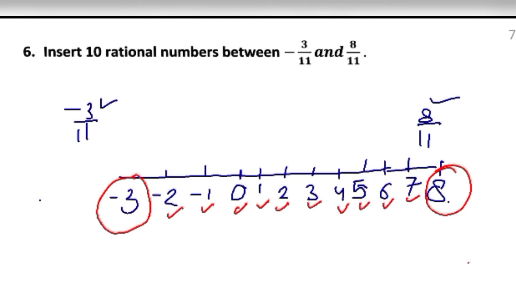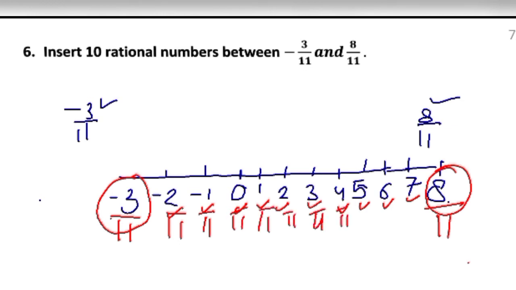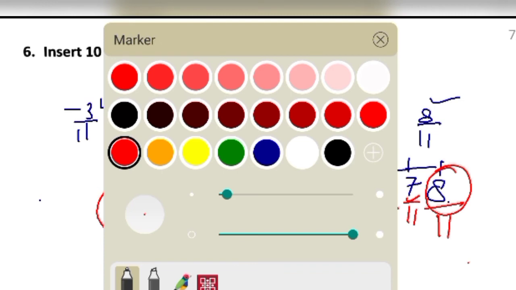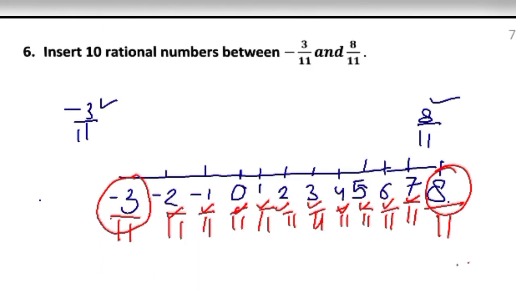So we can easily find rational numbers between minus 3 upon 11 and 8 upon 11. Okay, put the 11 in denominators. So between minus 3 upon 11 and 8 upon 11, we have 10 rational numbers.